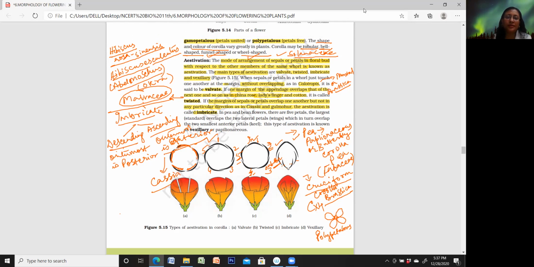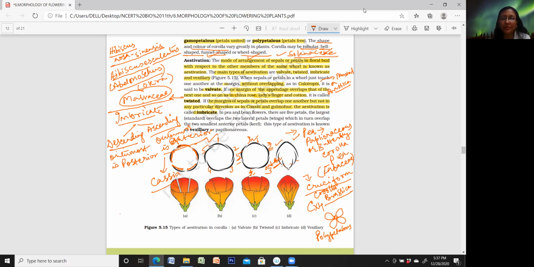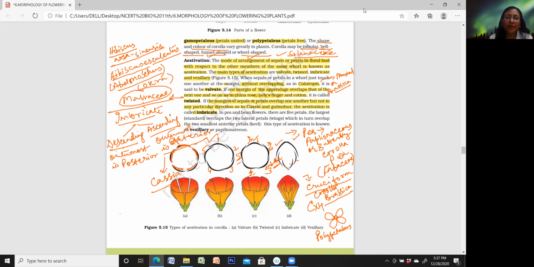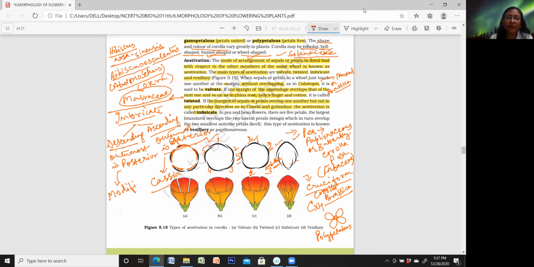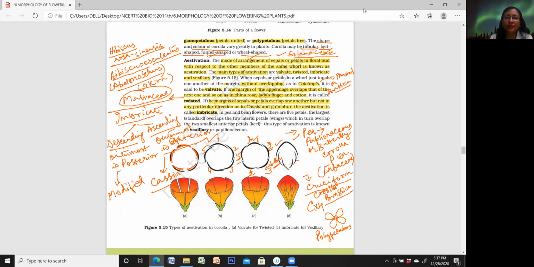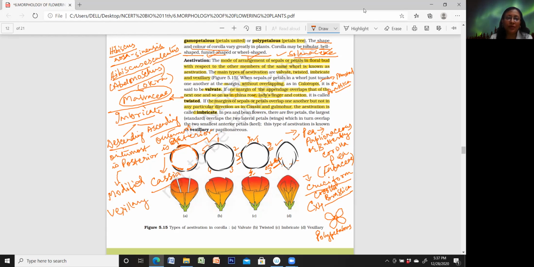So they come in the ascending imbricate, and that is the only example given here for imbricate. The reason is that descending imbricate aestivation has modified and become the fourth one, the last one, that is vexillary.